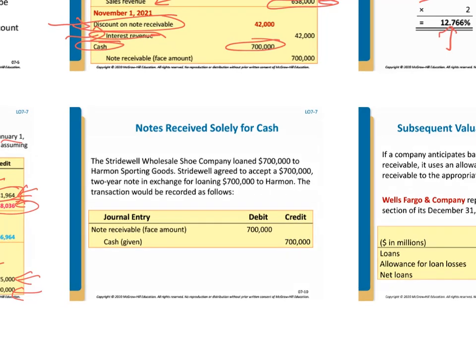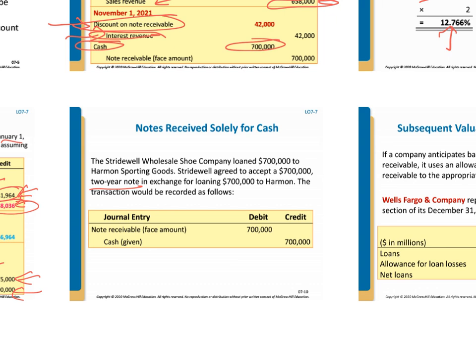Okay, last main topic for notes receivable. If we were to have a notes receivable situation where we loan out cash, even if it's a long-term note, if it's directly a loan of cash, then we record the amount at the face value. And this is true even if we have a 0 interest bearing or a ridiculously low interest rate, we still record the amount at face value.